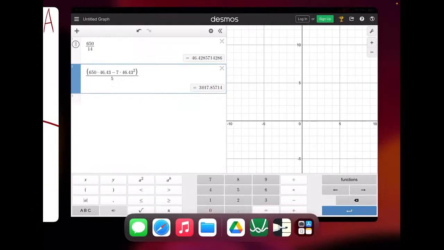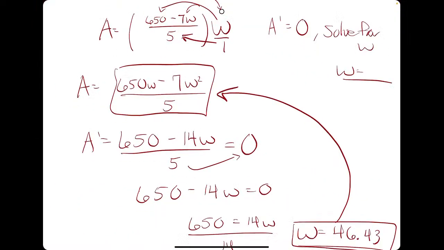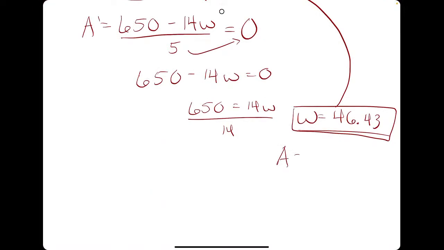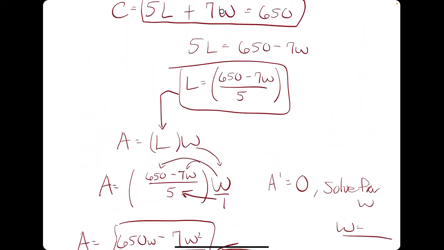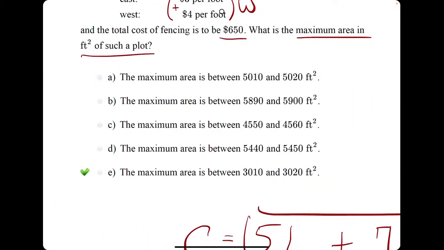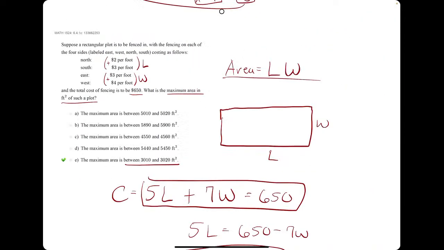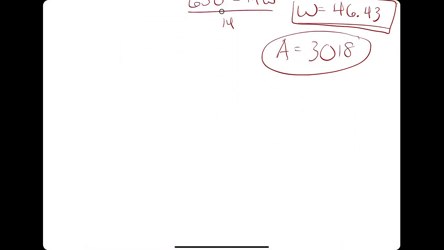And we get 3017, really about 3018. So plugging into the original area, we get 3018, which should be between 3010 and 3020.